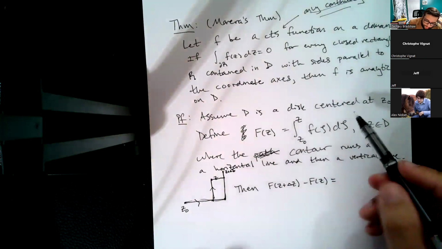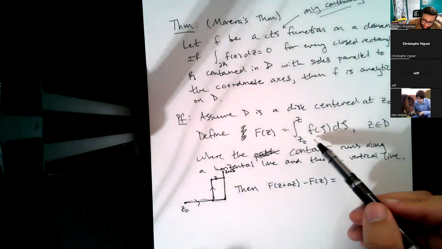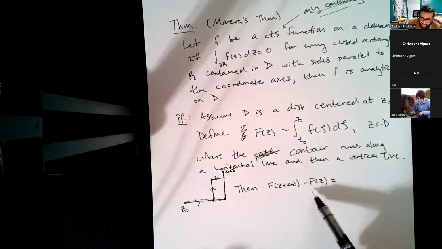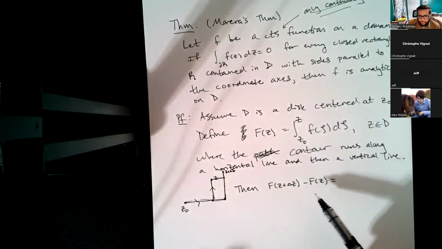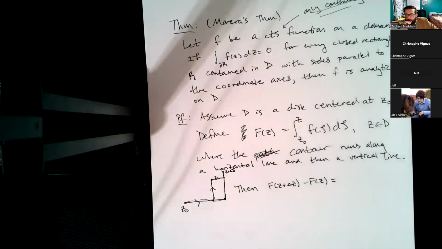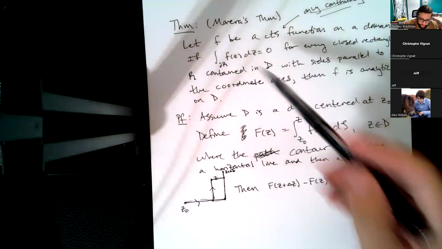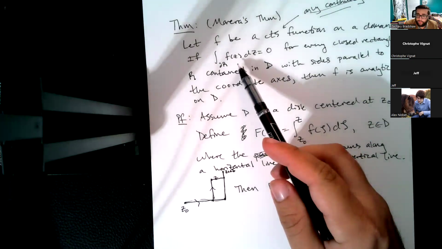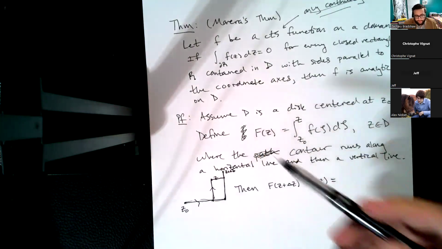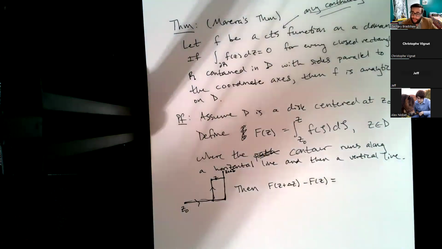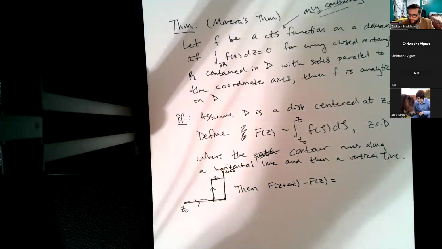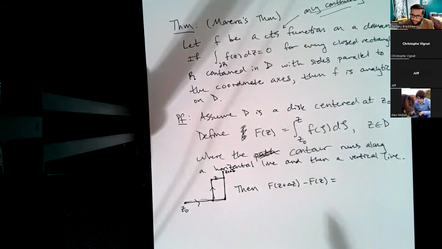But oh, sorry, wait a minute. We're assuming that the integral along the boundary of any rectangle with sides parallel to the axes is equal to 0.